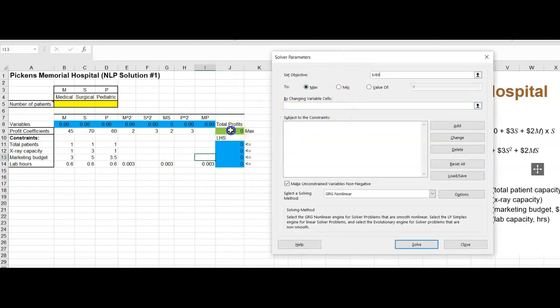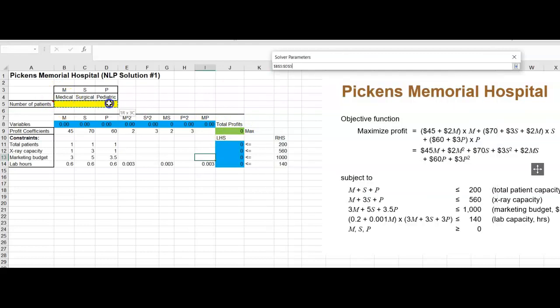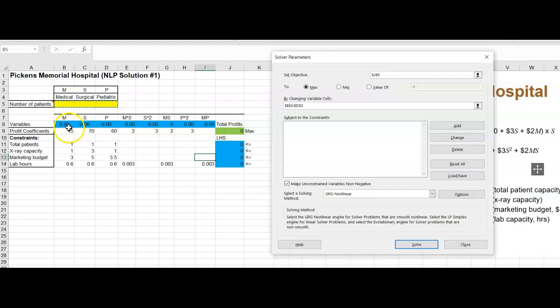The objective function is total profits, which we need to maximize subject to changing variables. Notice that although we have these variable terms in our model, which we're using throughout, our changing variables still remain the same three decision variables that we defined at the very beginning of the model, because Excel is using combinations of these three cells later on, and they're all given by formulas, so we don't need to incorporate all of these cells.